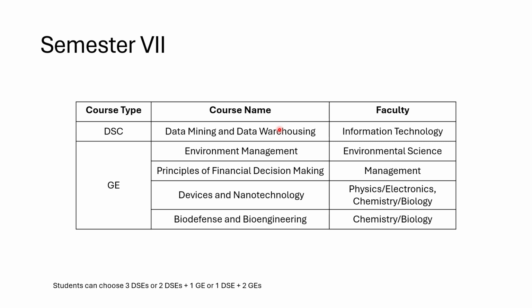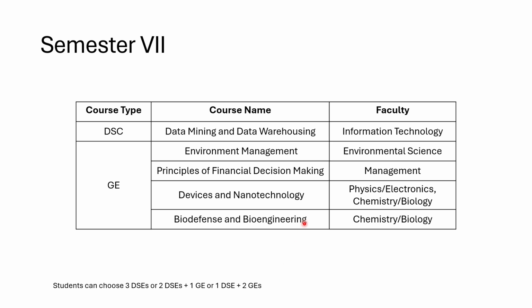And you have a pool of GEs and DSEs. How will you choose the GEs and DSEs? I have written it here as well. Either you choose 3 DSEs, or you choose 2 DSEs and 1 GE, or you choose 2 GEs and 1 DSE. You can choose things in this way.